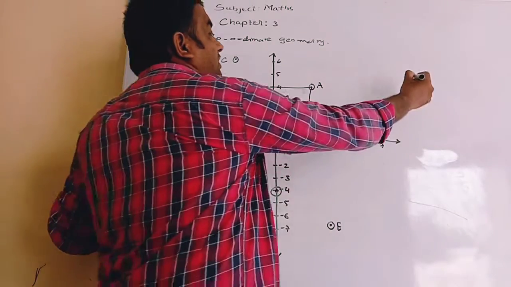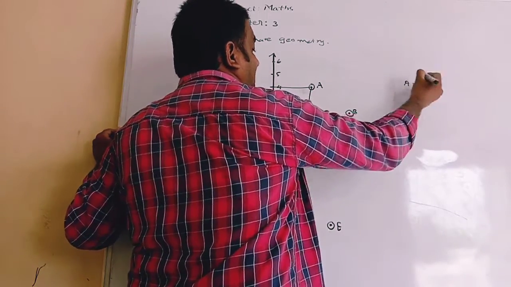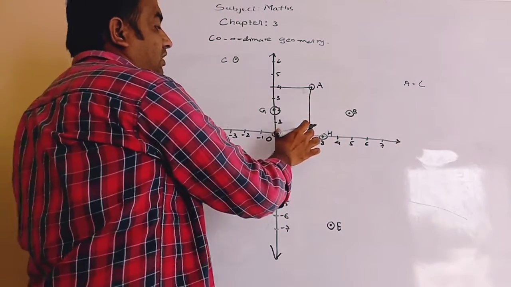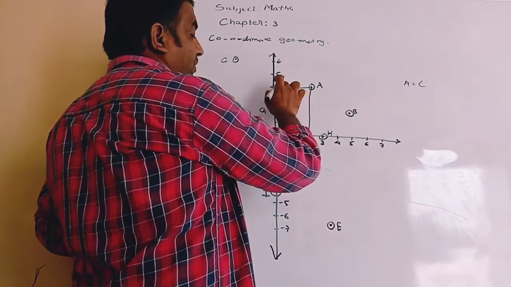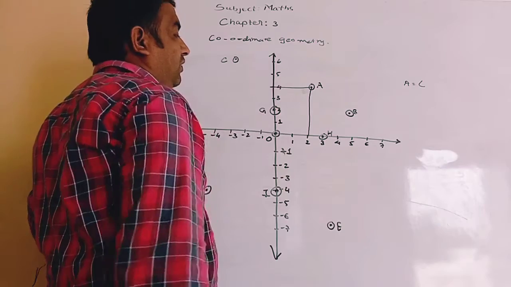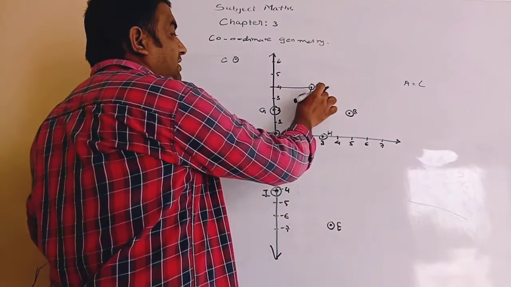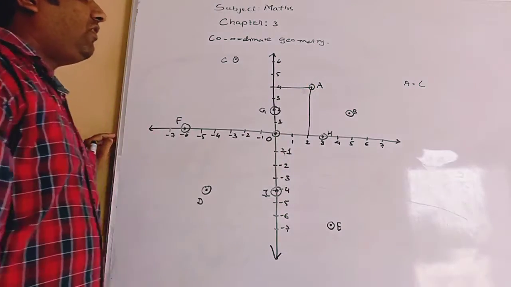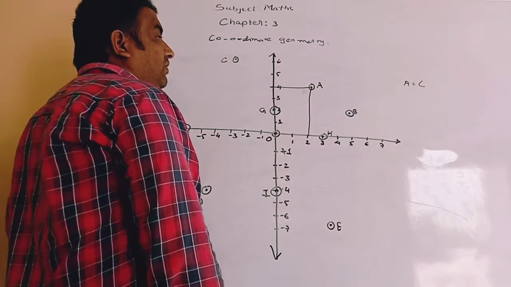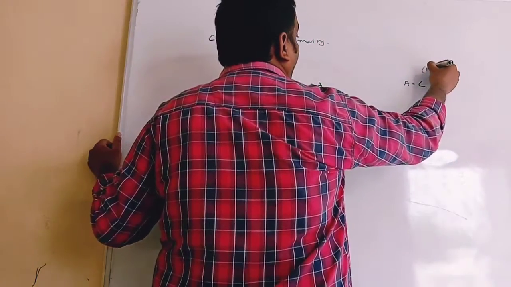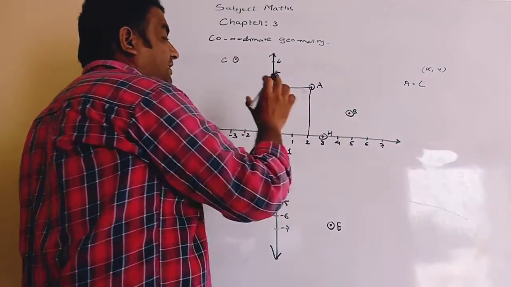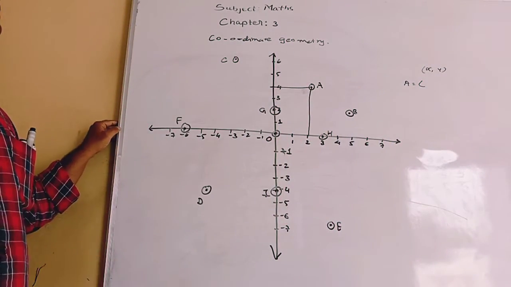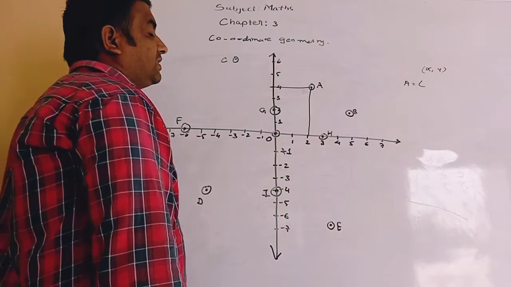So A's location we can write: from the y-axis it is 4 units far, and from the x-axis it is 2 units far. First we write the x coordinate, and second we write the y coordinate. Always we write in xy form.